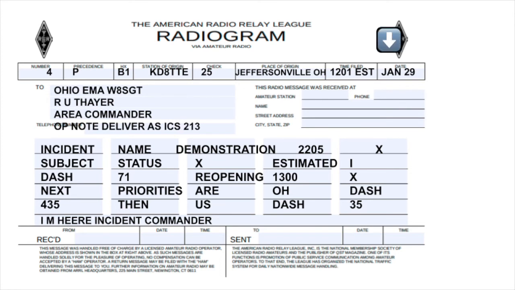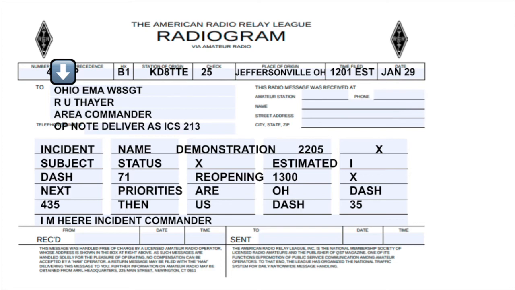January 29er. Ohio. Initials Echo, Mike, Alpha. Call sign Whiskey 8, Sierra, Golf, Tango. Initial Romeo. Initial Uniform. Thayer, I spell Tango, Hotel, Alpha, Yankee, Echo, Romeo. Area. Commander. Op. Note. Deliver. As. Initials India, Charlie, Sierra.